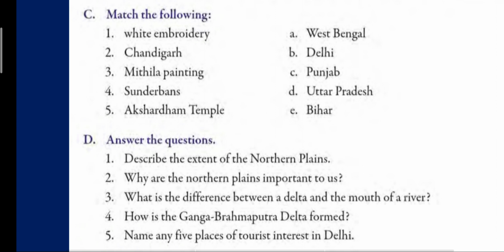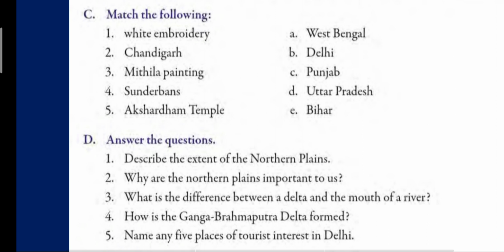Okay, so question number 4, how is the Ganga Brahmaputra delta formed? So this is a bit long answer. When the Ganga river flows towards the Bay of Bengal, the speed of the river slows down, and as a result it gets divided into smaller streams or smaller river channels.